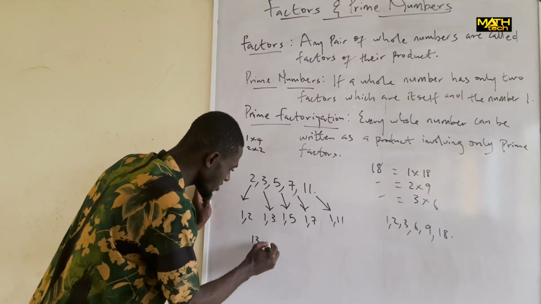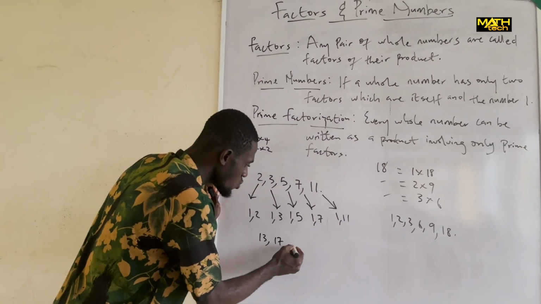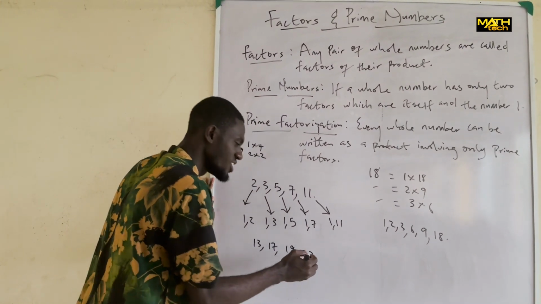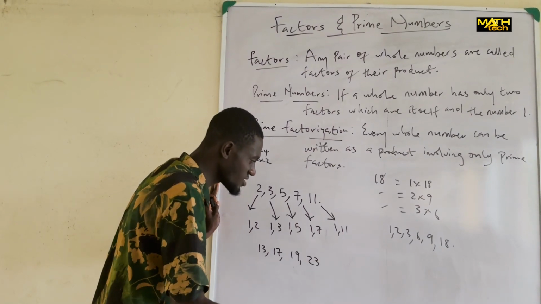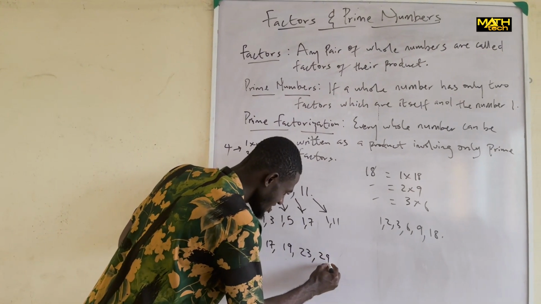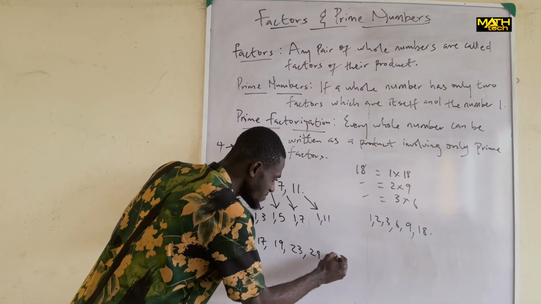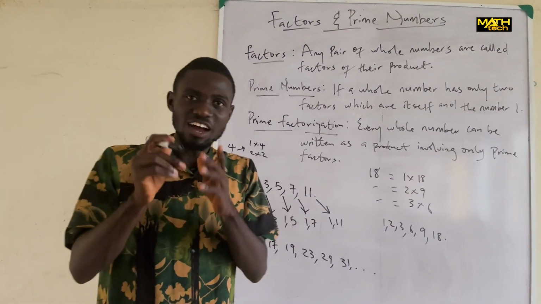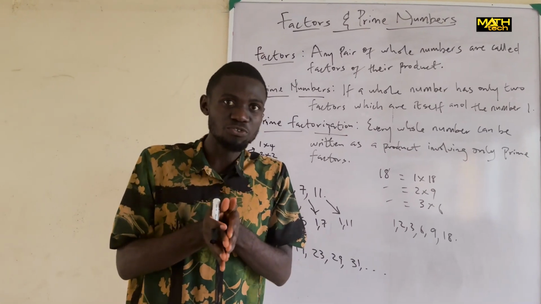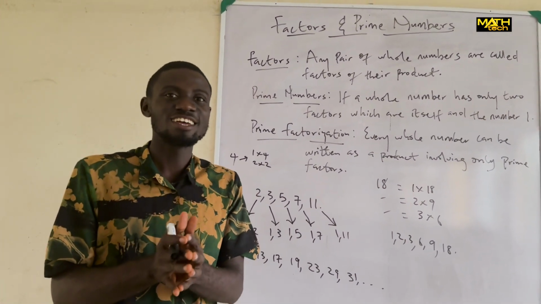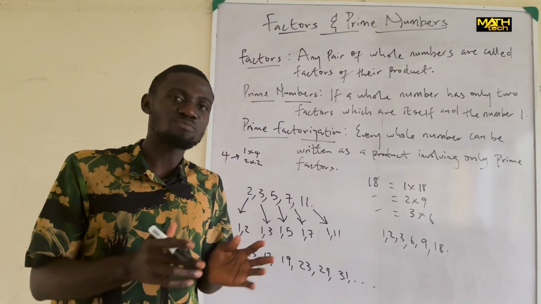After 13, we have 17, 19, 23, 29, 31, and it goes on. So by yourself, sit down and write the first 100 prime numbers.